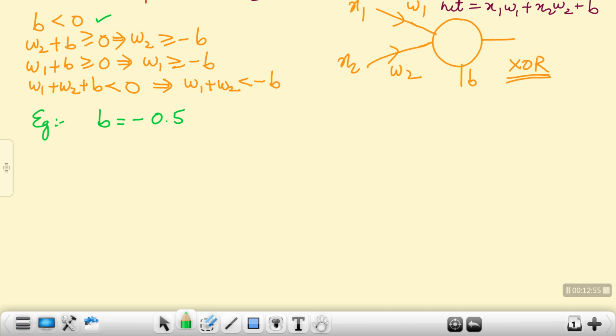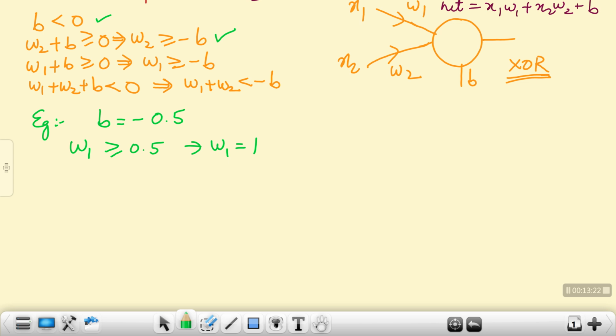We take w1 and w2 to be the same value for now. w1 should be greater than or equal to minus of bias, which is plus 0.5, so I select w1 equal to 1.